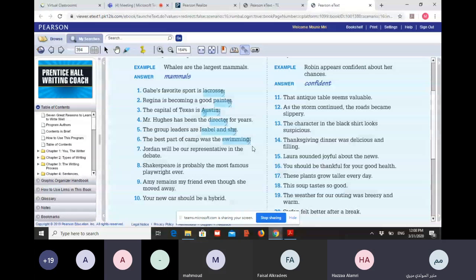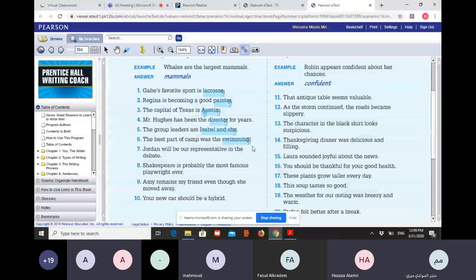Search for the verb, and then you are going to find the answer. Where is the verb in the sentence? Jordan will be. Jordan will be our representative in the debate.